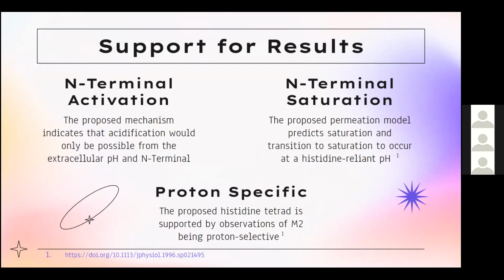However, there is disagreement over how that tetrad is oriented, which we'll observe in a second. And also the pH that the authors expected to begin activation and to saturate M2 was observed to be the pH that those actions happened at in other studies. So again, there is evidence that supports some of the conclusions made from the proposed mechanism.